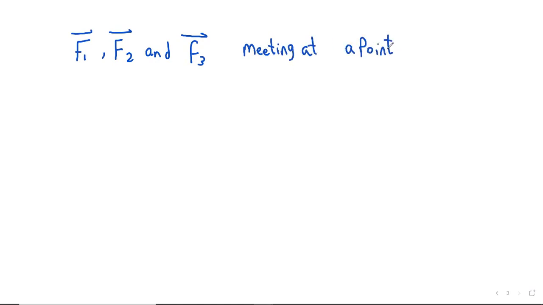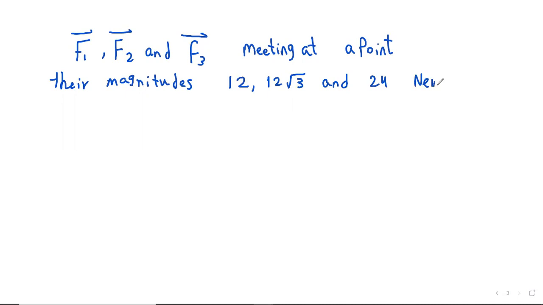Okay, the magnitudes are 12, root 3, and 24 newtons respectively. If the three forces are balanced, the three forces are balanced.